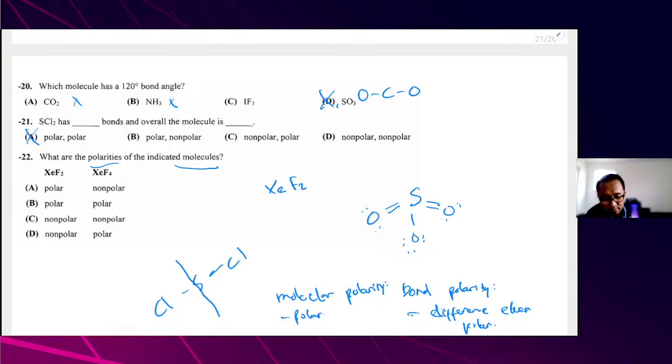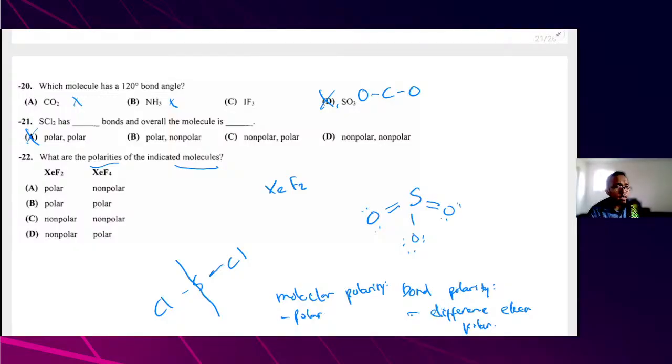Okay, now let's take a look at XeF2. I just want to take a look at the periodic table. So when we are facing this exam, we always have to take a look at the periodic table.